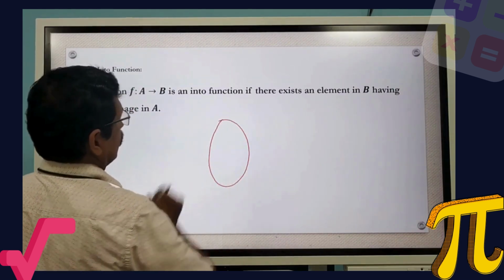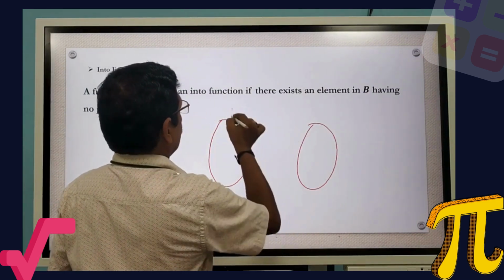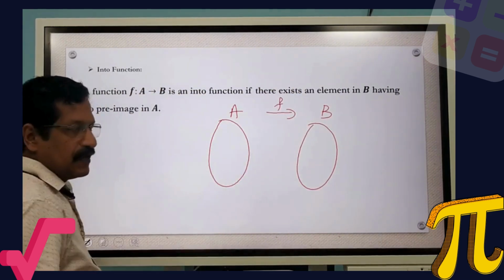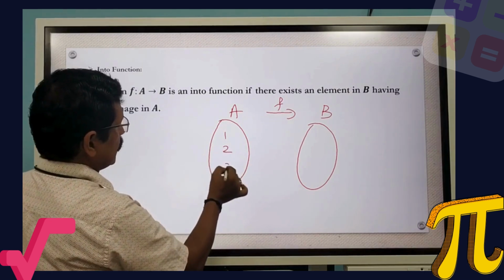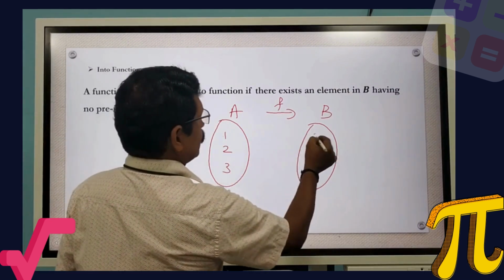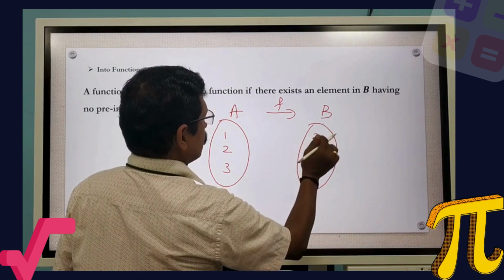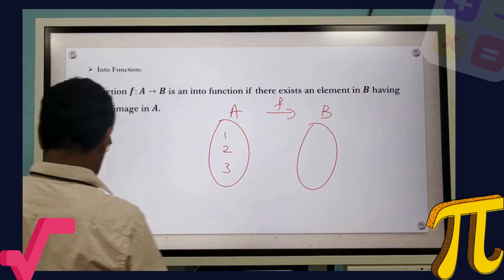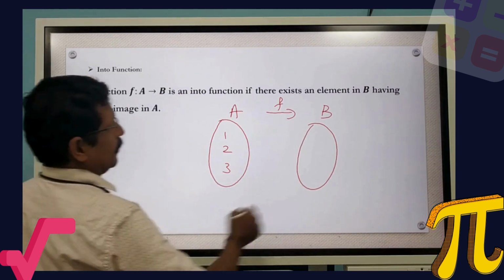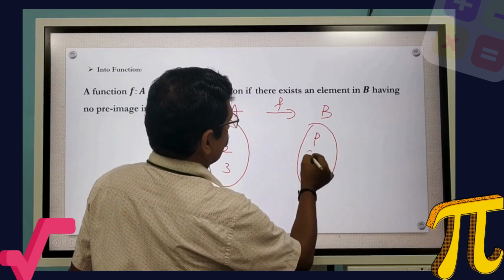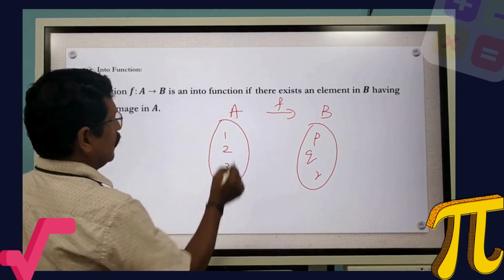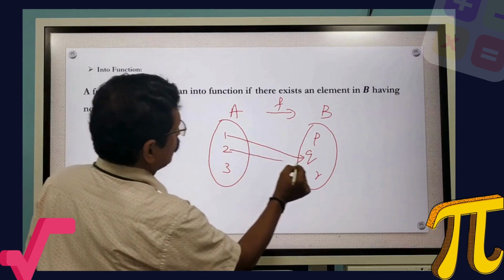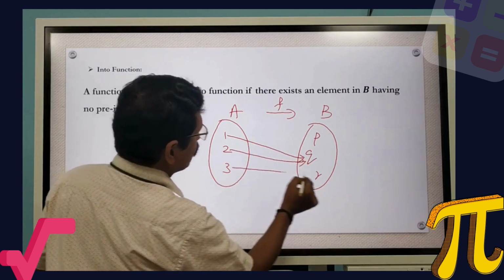Suppose these are the two sets, set A and set B. A function f from A to B is defined, and here it is 1, 2, 3, and in B it is p, q, r. 1 is mapped to q. 2 is also mapped to q. 3 is mapped to r.